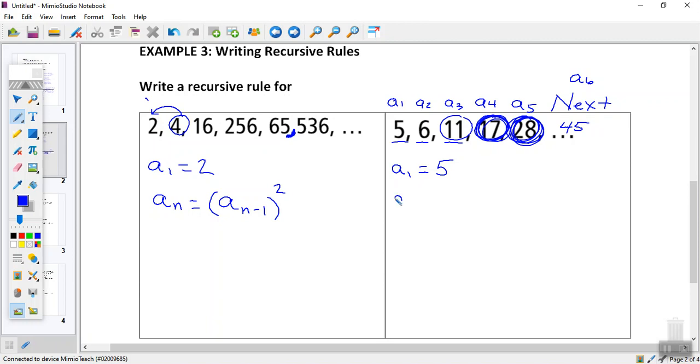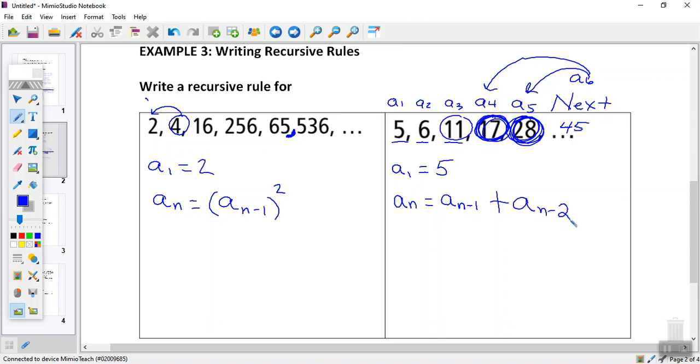The nth term would be equal to the, what's one previous term of A of n? Plus, how many terms prior to the one that I want next here? Okay, this would have been my A of n minus 1 right here, wouldn't it? But this would have been A of n minus, so we got to go back to use 2 of them right here. So we write this as A n minus 2.